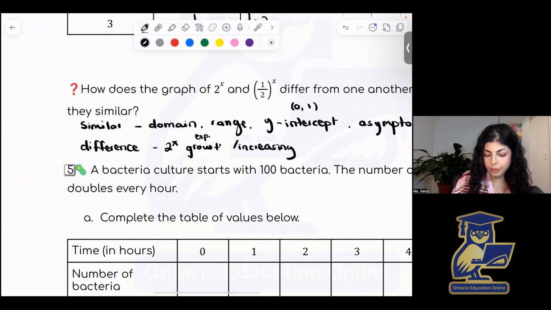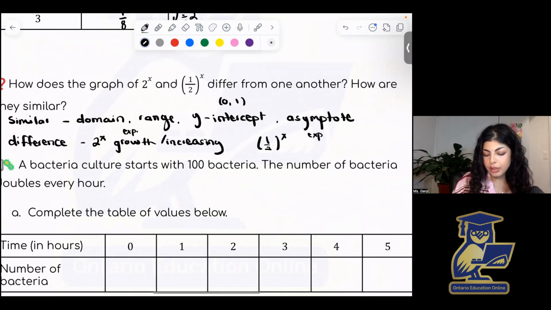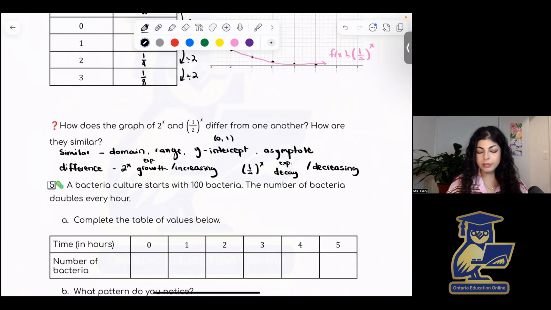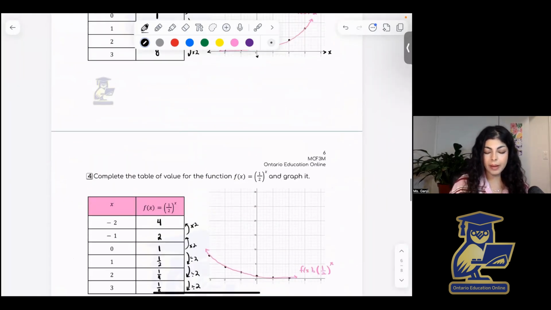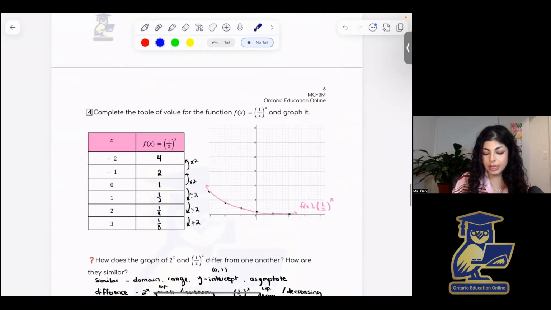So it's an exponential growth and it's increasing, but 1 over 2 to the power of x is an exponential decay, which means it is decreasing. And so their shapes are also different in the sense that this one is growing and this one is decreasing, but it is, again, the same shape, just reflected.